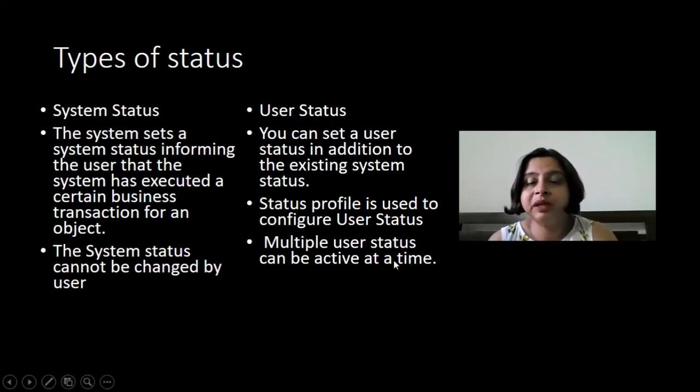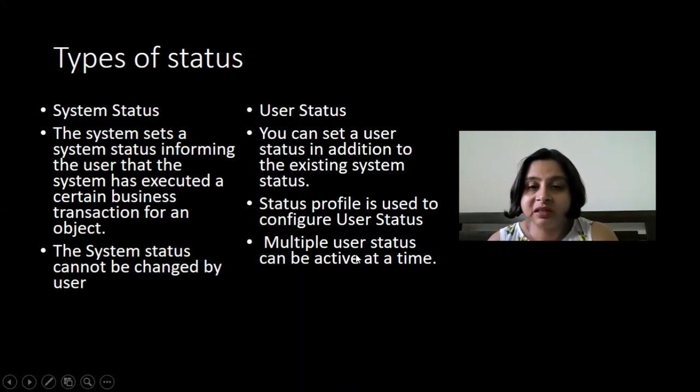This is achieved by defining the statuses in the system, and these statuses are combined together in a status profile. Just as we can have multiple system statuses, we can also have multiple user statuses active at a time. Again, these user statuses can also be marked as inactive.